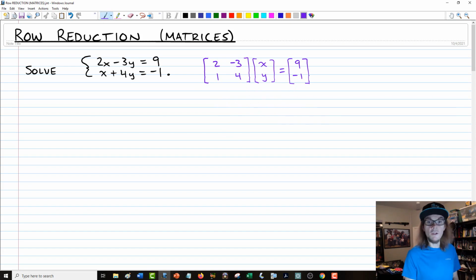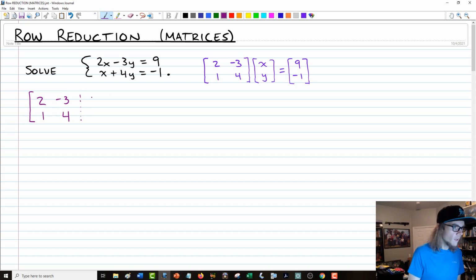Now in order to solve this, we are going to transform it into what's called an augmented matrix. An augmented matrix is perfectly set up to transform in the way that we want. We take that 2x2, 2, -3, 1, 4, and augment it by adding the constants on the right side.